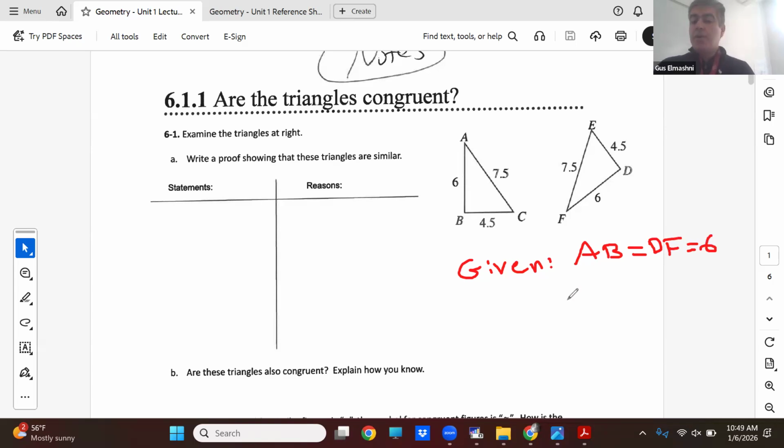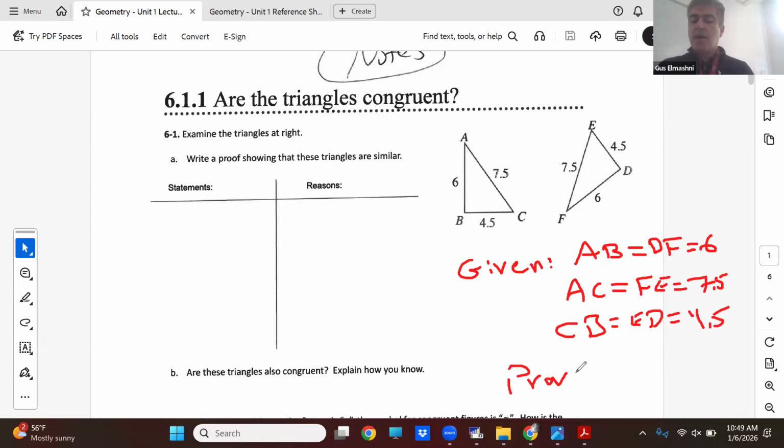Also, that AC equals what? EF, which is 7.5. Does it matter if it's like EF? No, it doesn't matter. And then CB is equal to ED, which is equal to 4.5. So actually, that had been provided. And we're being asked to prove that triangle ABC is congruent to FDE.